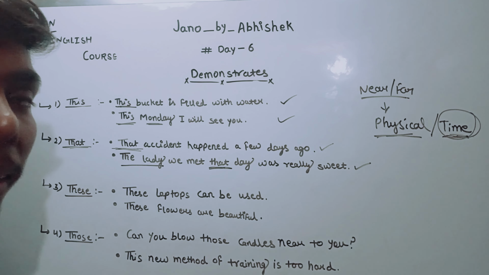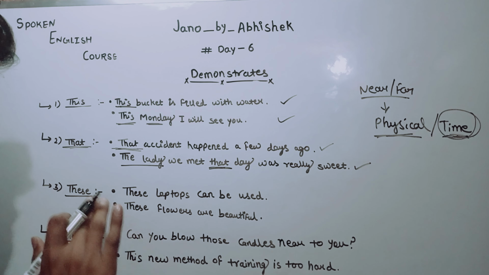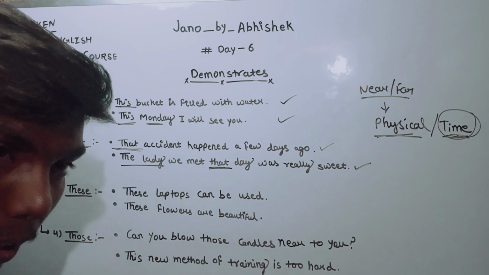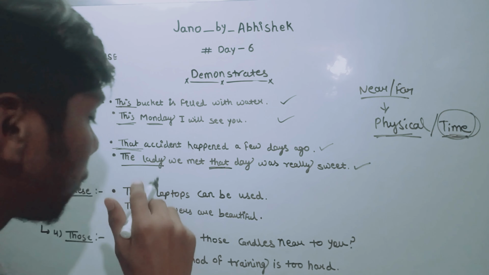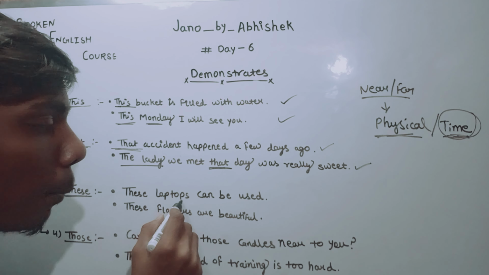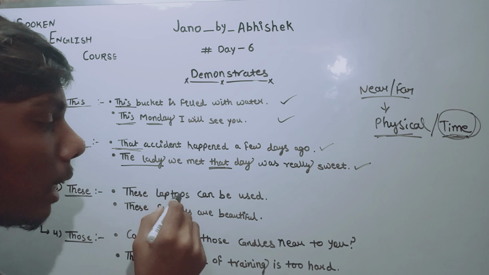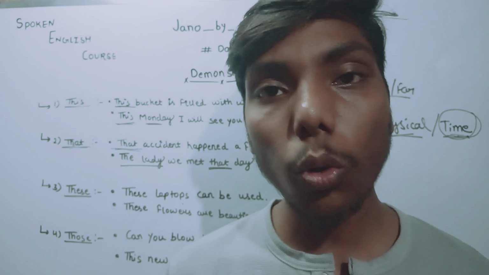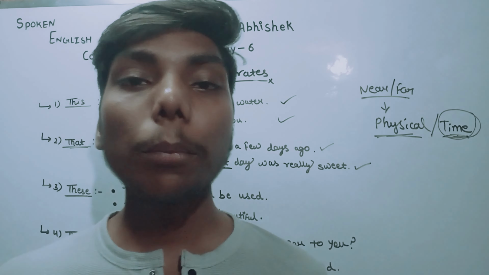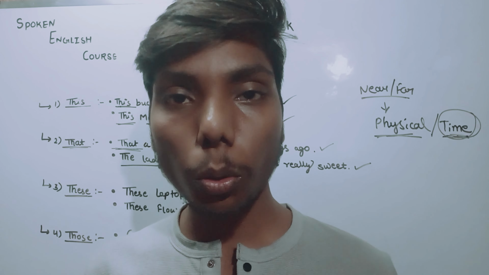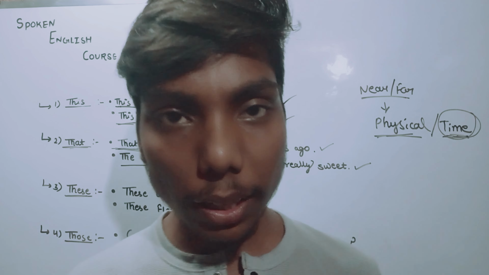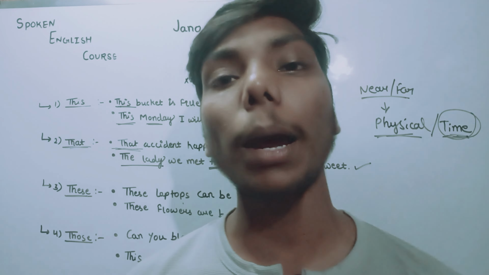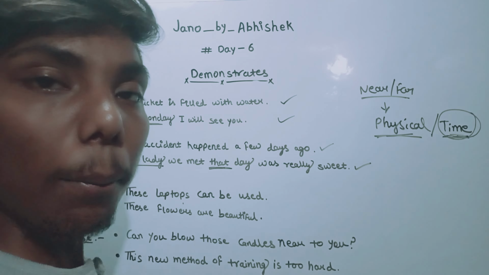Now let's see another example. When do we use these? When the object is near and plural to us. See, these laptops can be used. I'm using these, it means the laptops are near to me, and it is not just one laptop, it is more than one.